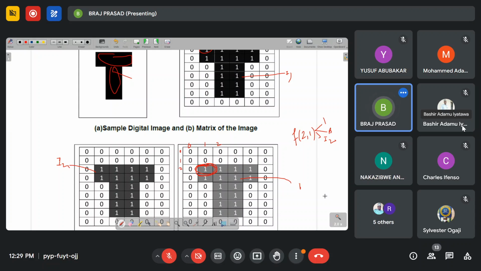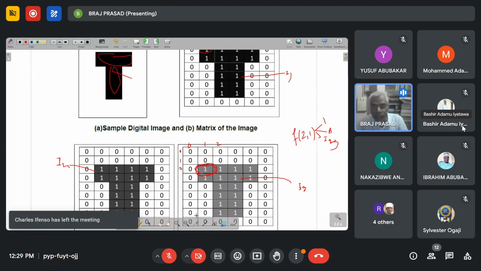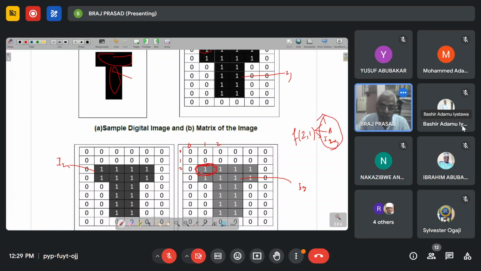So according to this, the intensity of that element is 3. Similarly, we store all the information related to each element of this n cross n matrix image.